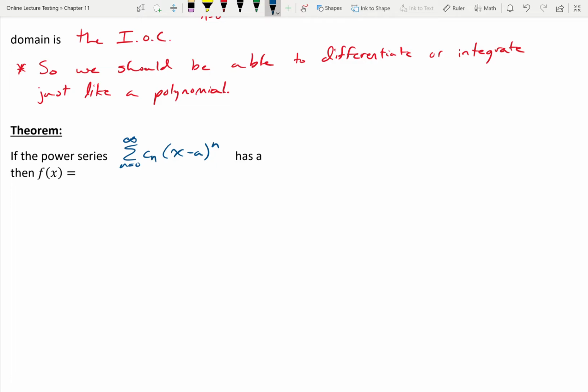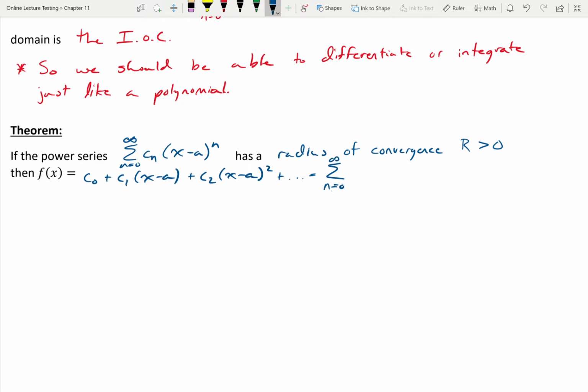If the power series has a radius of convergence of r greater than 0, then f of x is equal to c sub 0 plus c1 times x minus a plus c2 times x minus a squared plus so on, which equals the sum, as n goes from 0 to infinity, of c sub n x minus a to the n.